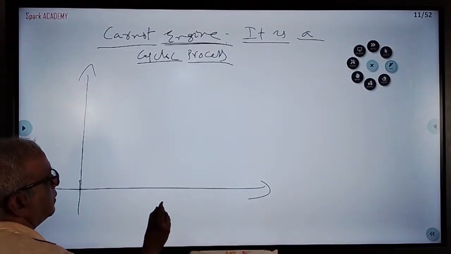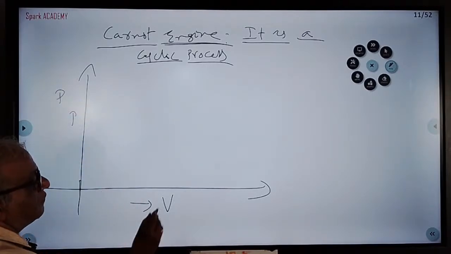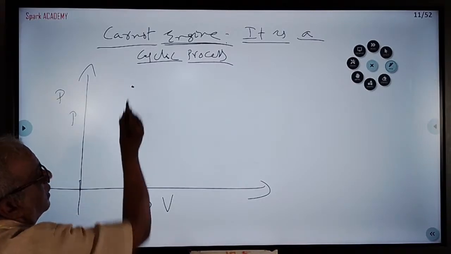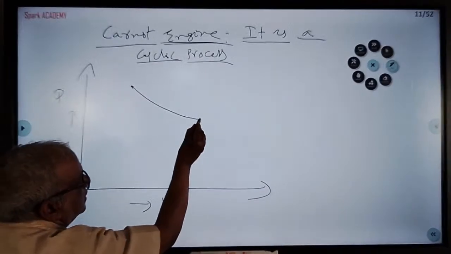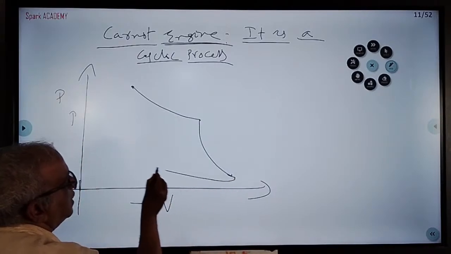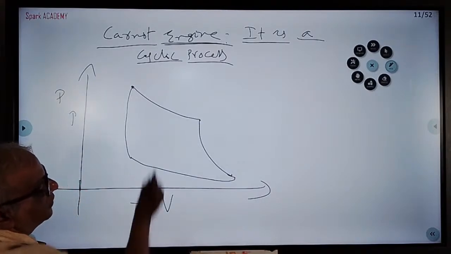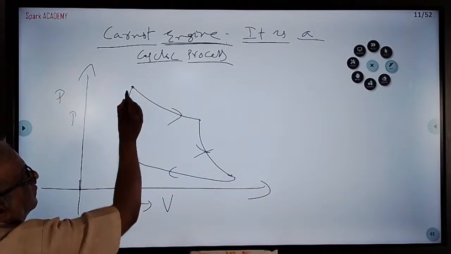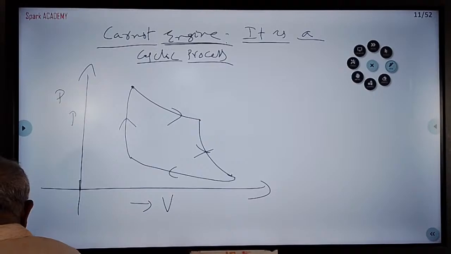P versus V: V means volume, P means pressure. I am showing the graph now. The cyclic process starts from point A: isothermal expansion, adiabatic expansion, isothermal compression, adiabatic compression, like this.